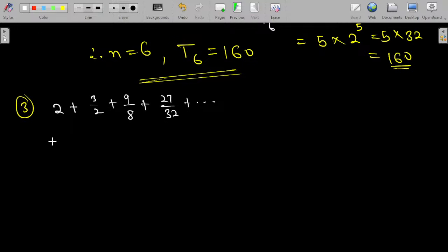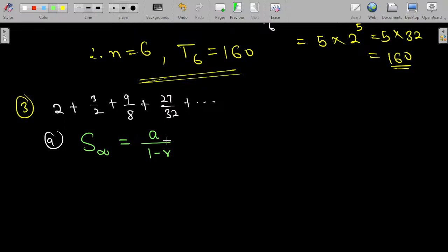Okay, so it says A, that we should find the sum to infinity of this series. So how do you do that? There is a formula. Sum to infinity is written of this form: S infinity is equal to A all over 1 minus R if your R is less than 1, or R minus 1 if your R is greater than 1.